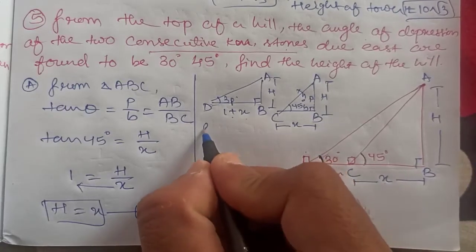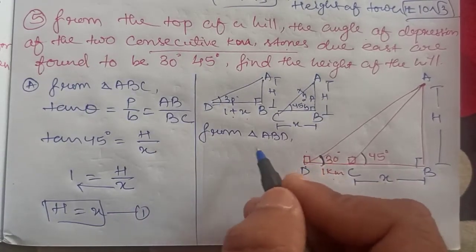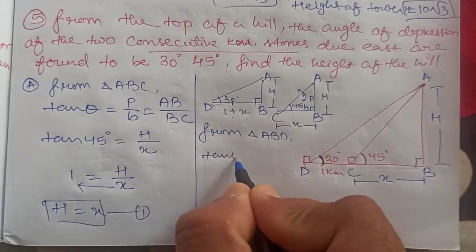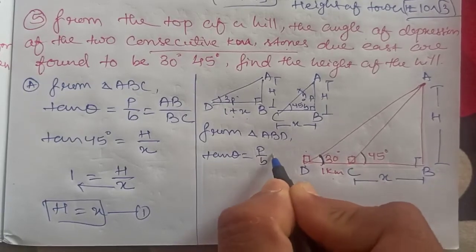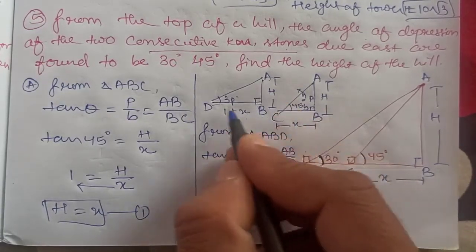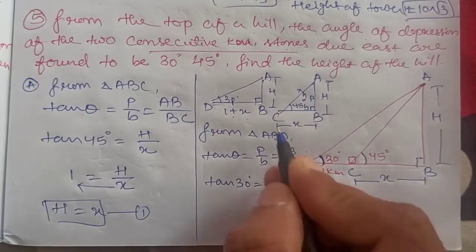Getting? So from triangle ABD, again P by B we will take. Tan theta equals P by B, that is AB by BD. Tan 30 degree equals AB by BD.